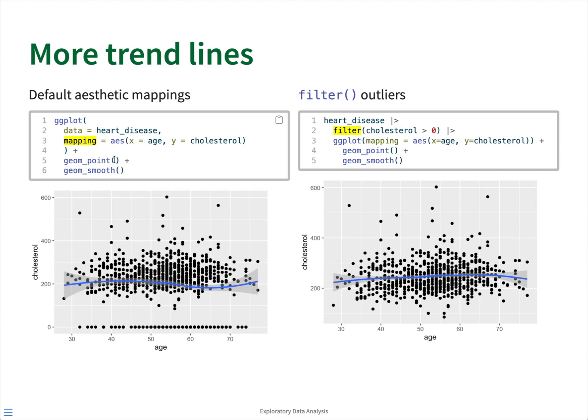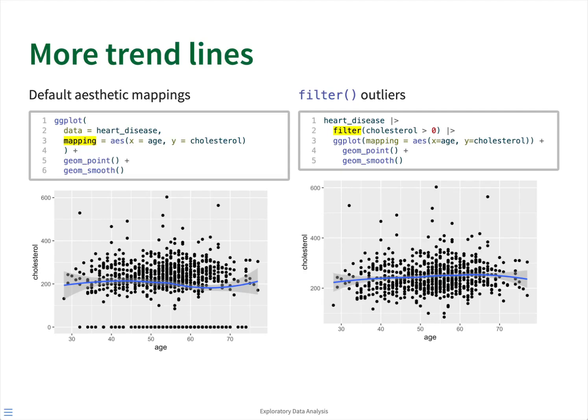But now we don't need to write those aesthetic mappings inside the geom functions. Instead, the geom functions by default will use whatever mappings were supplied to the ggplot function. Thus, we can prevent having to repeat ourselves a bit with code. If you ever need to override any of these default aesthetic mappings in a particular geom function, you can just add the mapping argument back into that individual geom function.